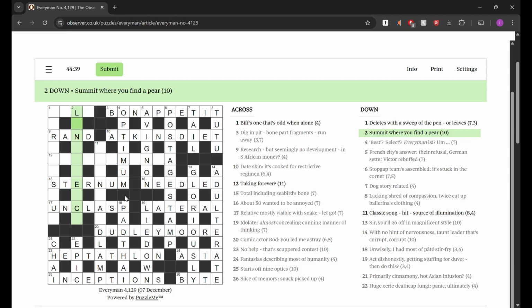Is there going to be like some cryptic definition with this one or something? Or is it very literal? Maybe that A is something.